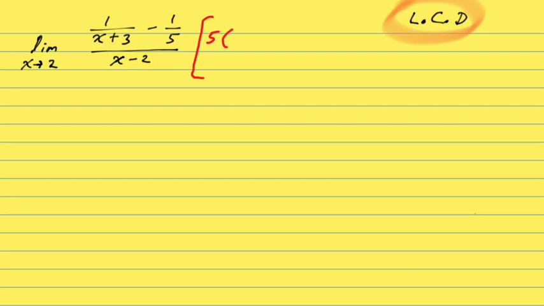You can always multiply them. x plus 3, the quantity, times 5. Again, over itself, so it's a fancy form of 1. When you multiply here, would the x plus 3's cancel? And what are you left with? 1 times 5, which is 5.